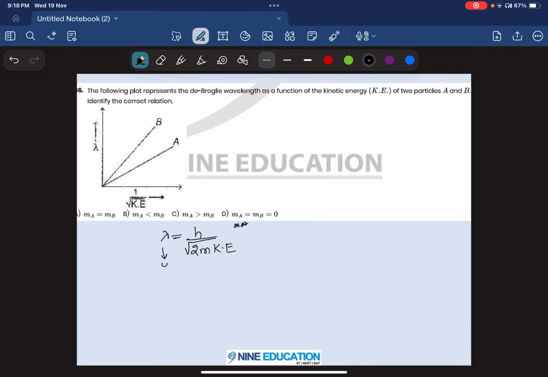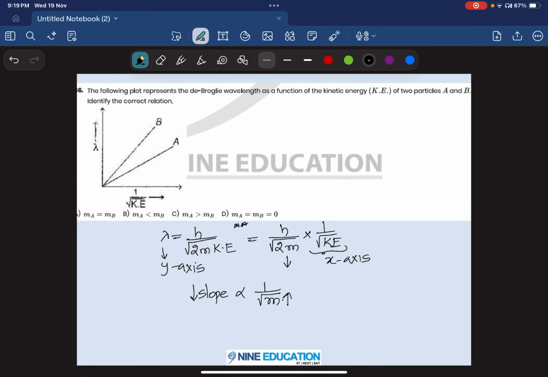So lambda is the y-axis, and let us write it in a different manner: h by under root 2m into 1 by root KE. So this is the x-axis and this is the y-axis, and the slope is h by under root 2m. That means the slope of the graph is inversely proportional to the square root of 2 into mass.